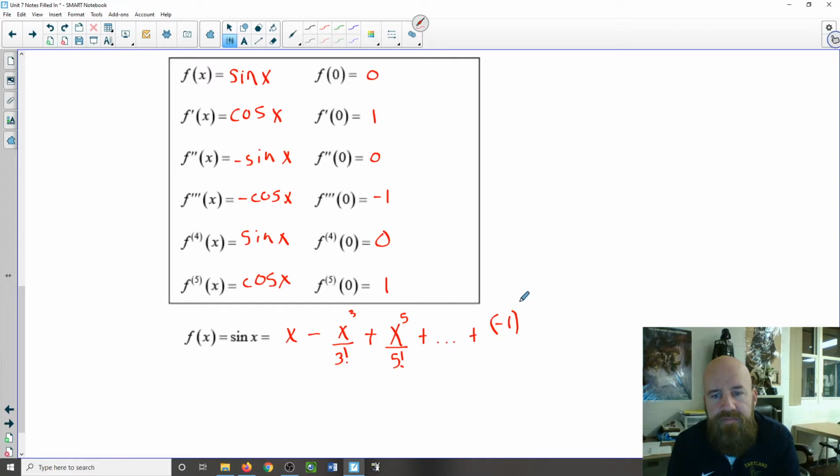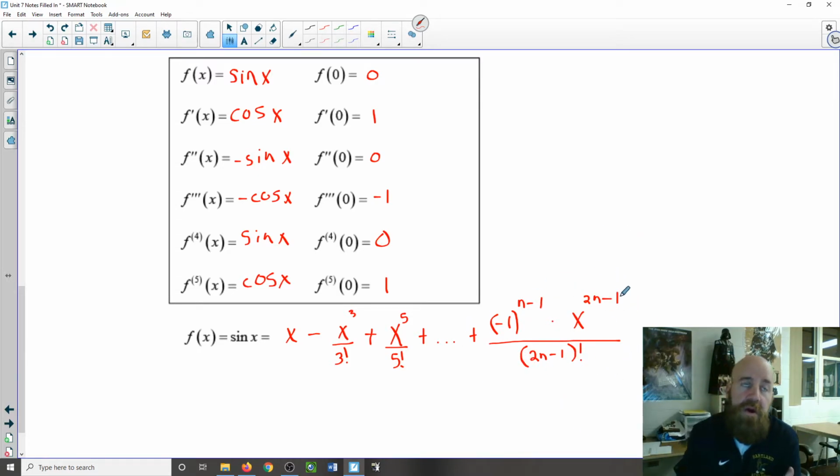We have n minus 1 as the power of that, and then this is multiplied by x to the 2n minus 1 power, all over 2n minus 1 quantity factorial. So that would be the nth term. That would give us each term. So if we wanted to know what the 100th power was, we could do that.